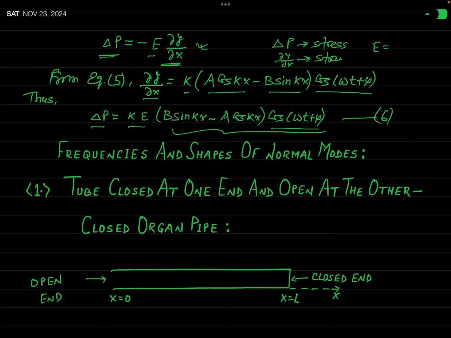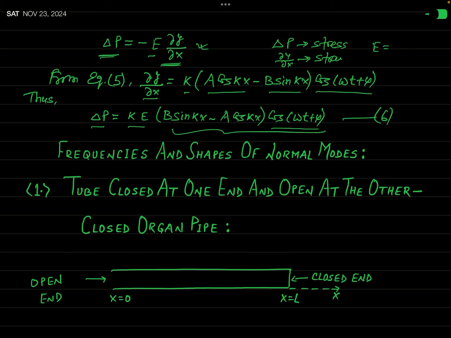Now after getting the value of this excess pressure, we shall determine the frequencies and the shapes of the normal modes of longitudinal vibrations of a column of gas enclosed in a tube under two important boundary conditions. As I have told you earlier, we will consider two cases.